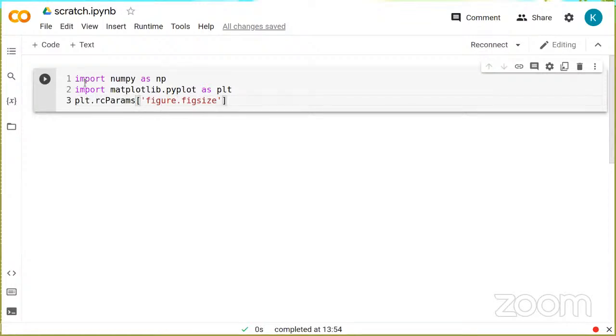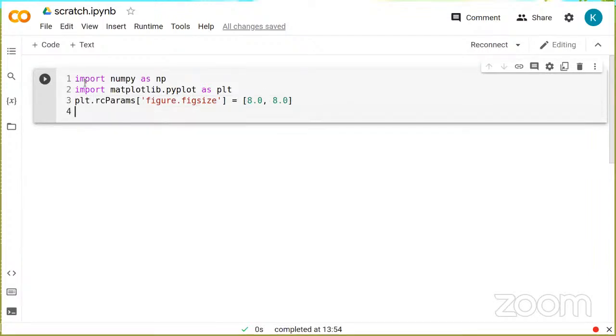I want the figure size to be, say, 8 cross 8, and what else did we set the other day? Font size, right? Let's say it is 15.